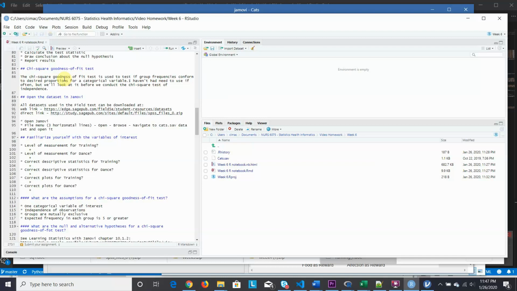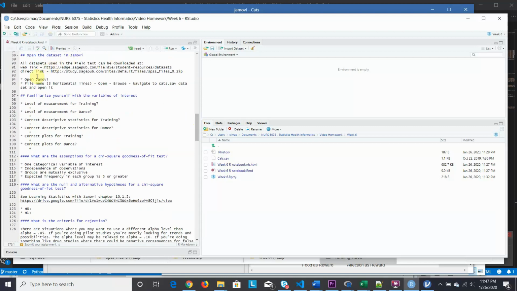Or say you had four groups, are there 25% in each one? Or is one group 75% of the total and a lower number in each other group? You can decide what the expected frequencies are, and that lets you test if what you actually have is the same as that or different. It's not something I use a lot, but it's a nice introduction to chi-square tests, so we're going to run one.